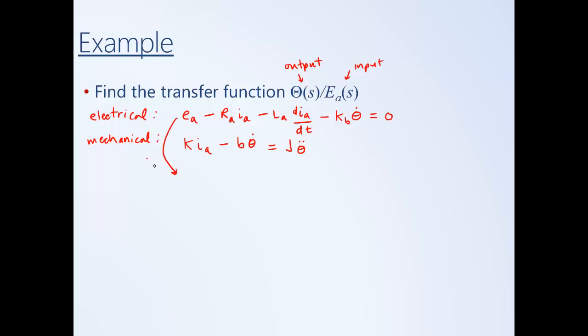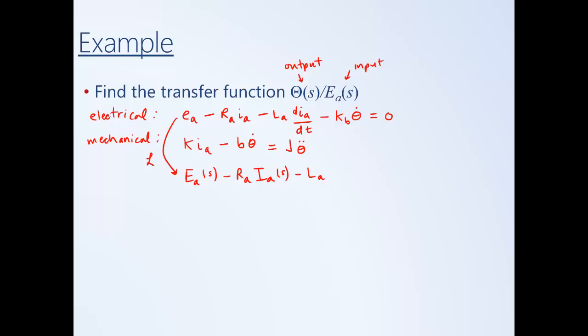So if we take the electrical equation and take its Laplace transform, E sub A is just some function of time. We take its Laplace transform, we get a function of S. R sub A is a constant, so it can just come out front. The armature current, again, is a function of time, so we take its Laplace transform, we get a function of S. The inductance is a constant, comes out front.